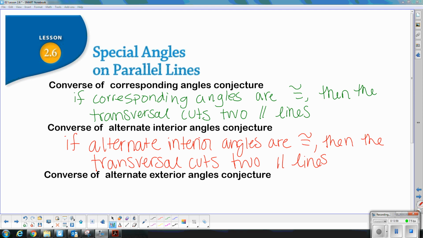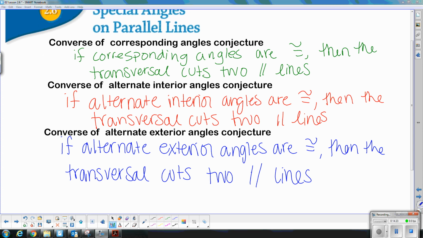First, the conjecture states that if two parallel lines are cut by a transversal, then alternate exterior angles are congruent. The converse, switching the A and B parts of the statement, is if alternate exterior angles are congruent, then the transversal cuts the two parallel lines. So remember, this symbol here means parallel.